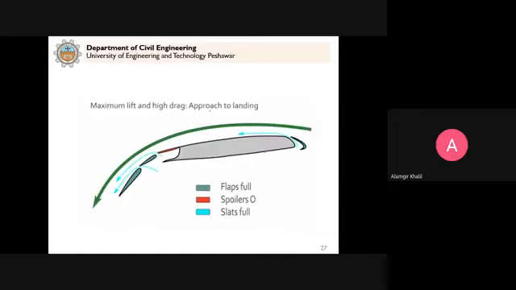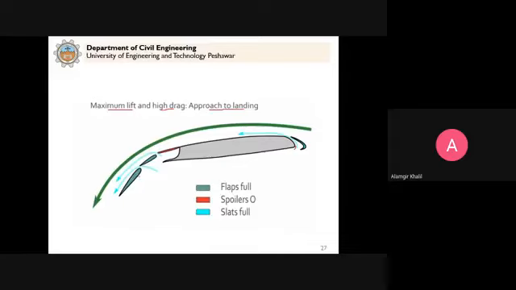Similarly, before we land, on approach to landing, the lift is still the same because the aeroplane needs to fly. But we now want to increase the drag so that we move down and the speed is reduced and the aeroplane is getting ready for the landing. So in that case, you can see here that these slats are put down.